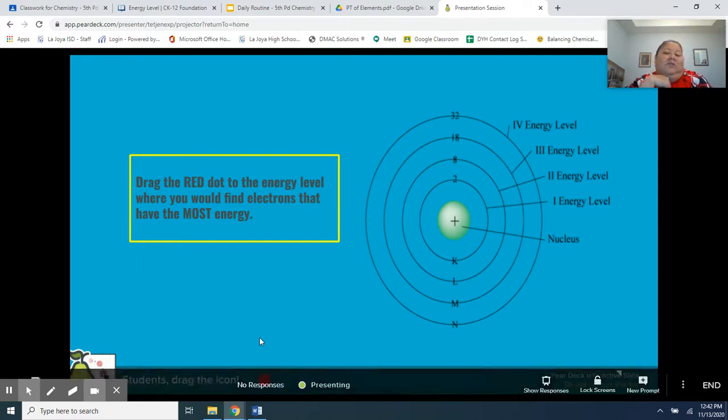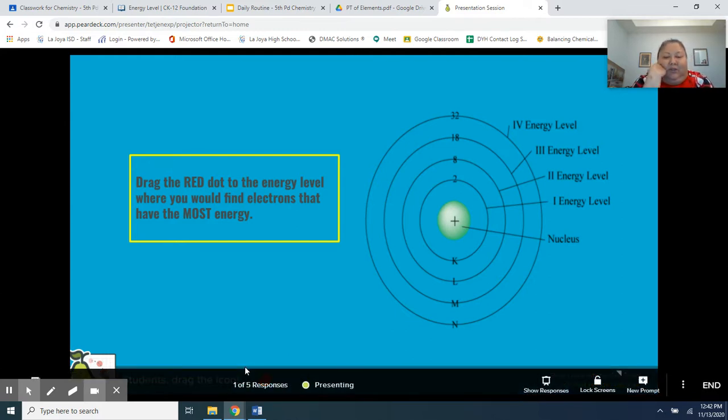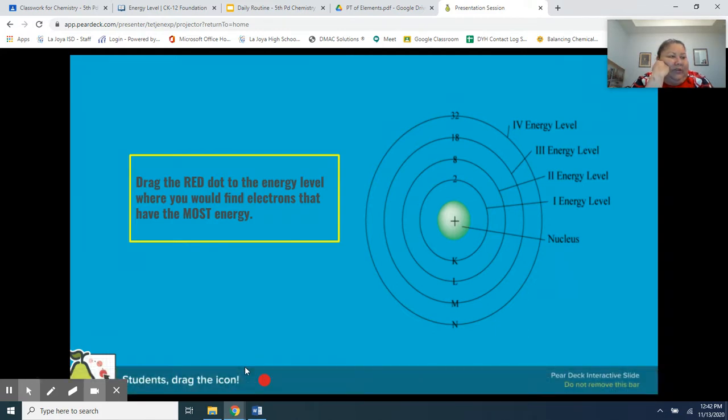Alexia, where would you put your dot? Efrain, where would you put your dot? Yoslin, where would your dot go if you had to pick an energy level where electrons have high energy? What do you think? One person has responded in Pear Deck. What about my other 5 students?